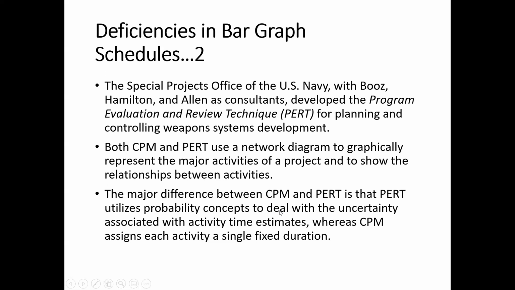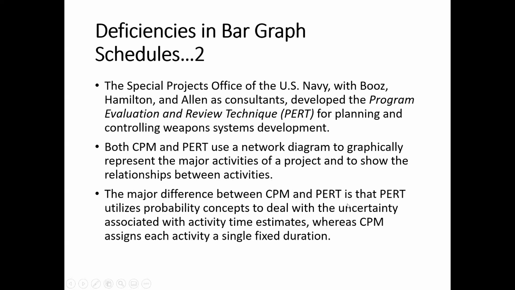The major difference is that PERT utilizes probability concepts to deal with the uncertainty associated with the activity time estimates, whereas CPM assigns each activity a single fixed duration. Both are network methods, but CPM is more popular in construction projects.